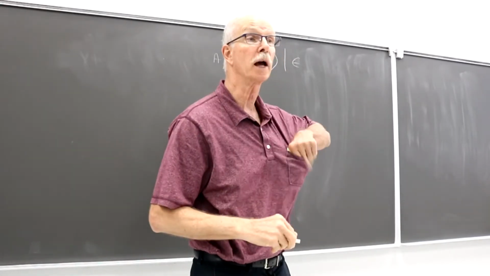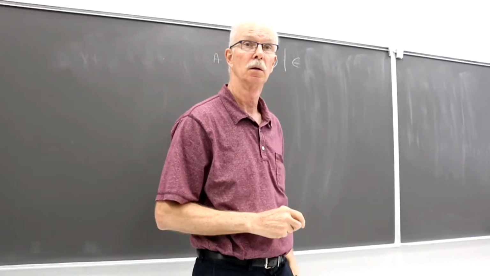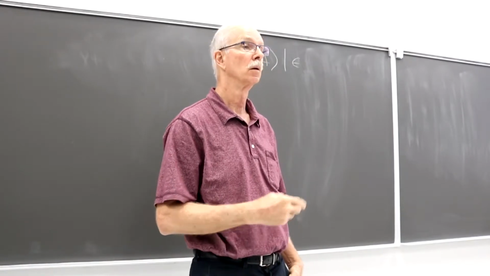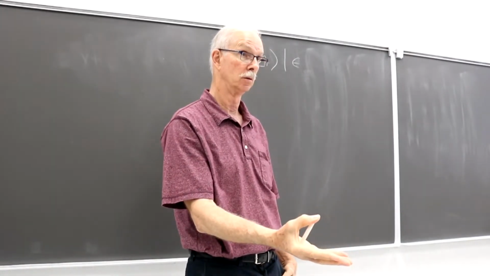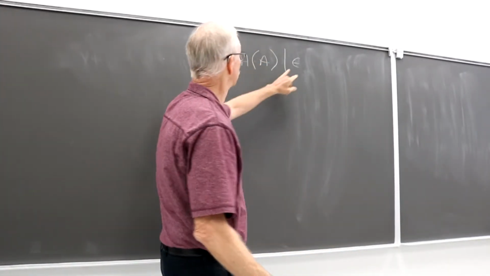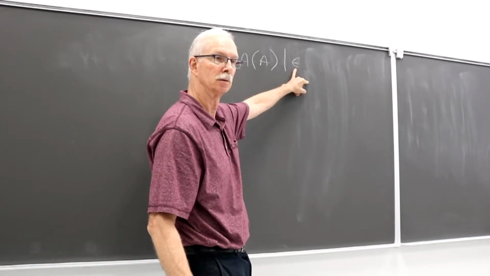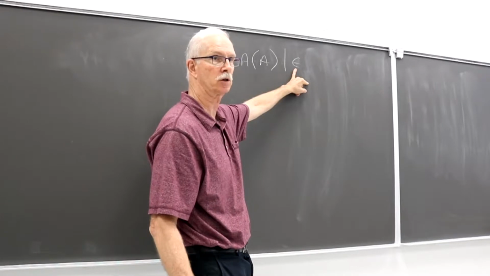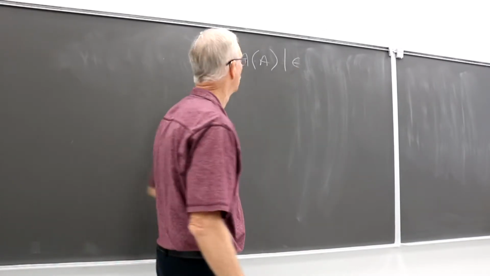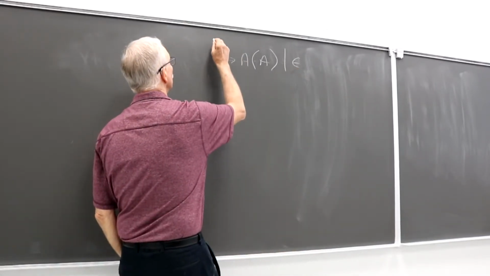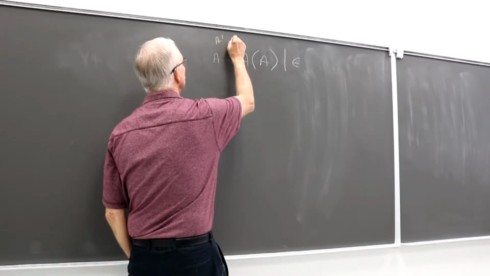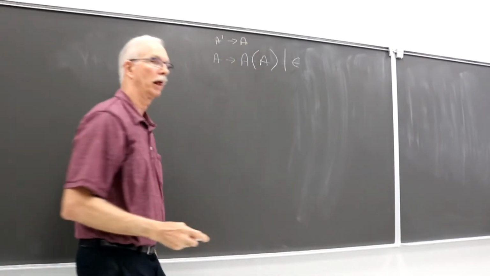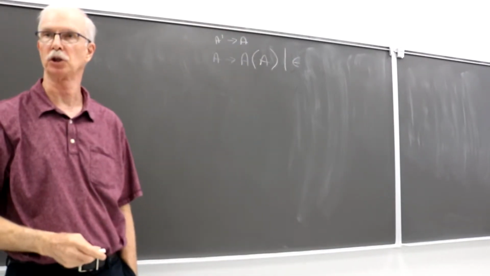This is almost like we did with LR of 0, except I had an A here instead of an empty. And so we're going to parse this now. And so we augment the grammar and we build the finite state machine.